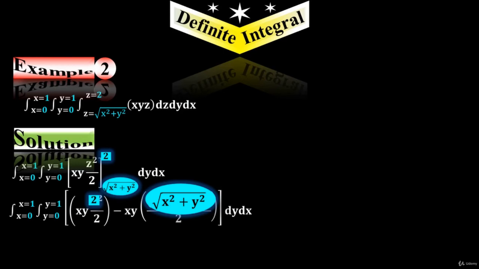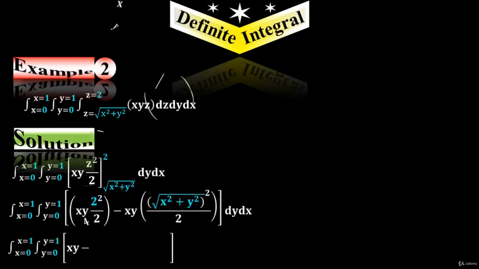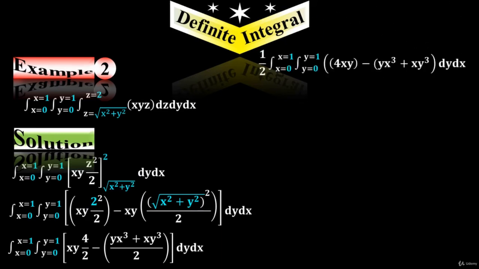We have taken it with respect to z, so you have to put the values in z variables. Sort it further, and we got 1/2 times double integral of 4xy minus y times x cubed plus x times y cubed dy dx. We just took 2 common and brought it outside of the integration.